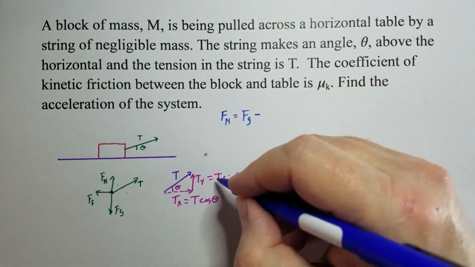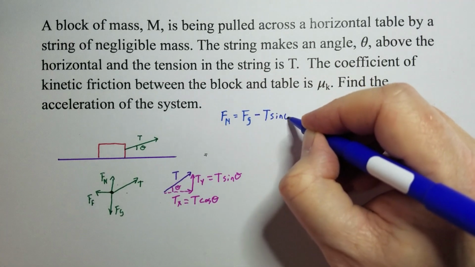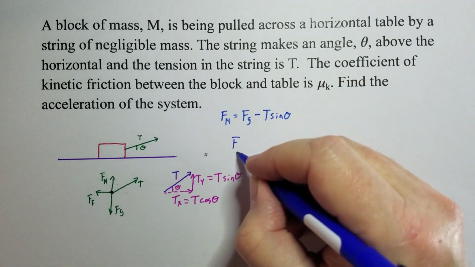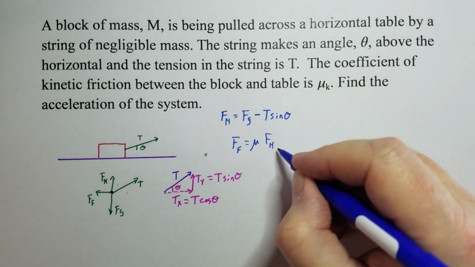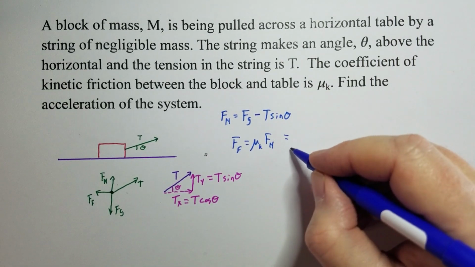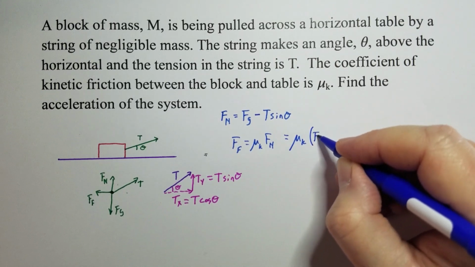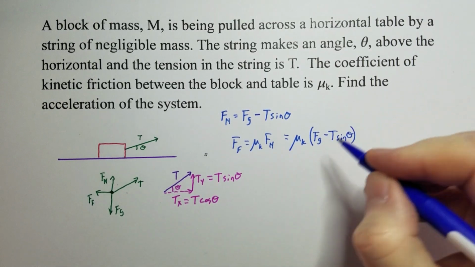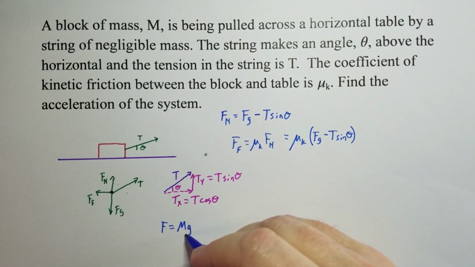So we're going to subtract off that part of the tension that's actually lifting the block. So that's our new normal force. And so since friction is mu times the normal force, we get that our friction is mu k, because it's kinetic friction, times Fg minus T sine theta, but Fg is just mass times gravity.